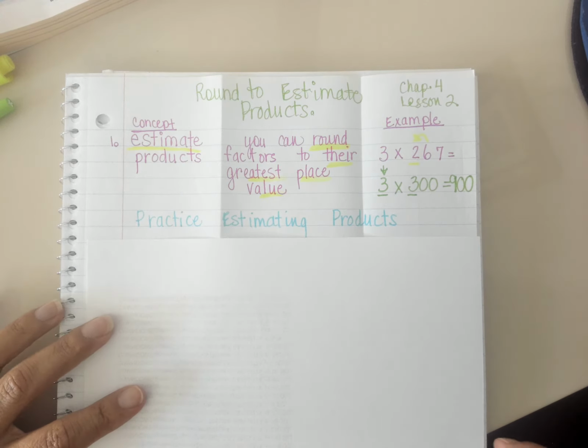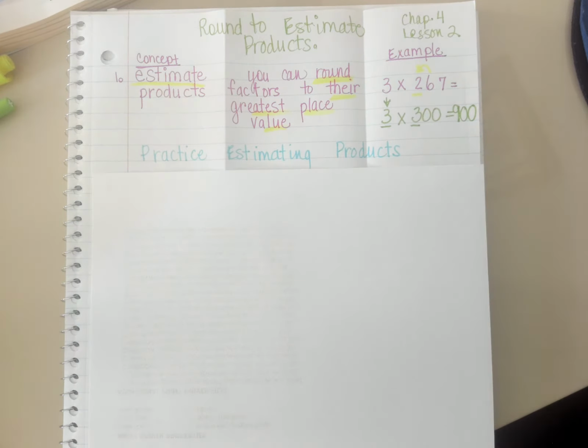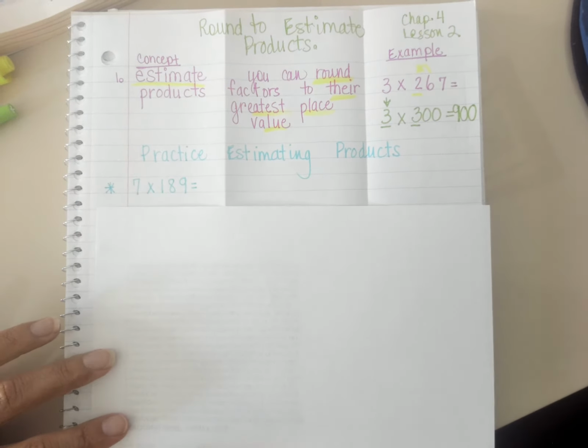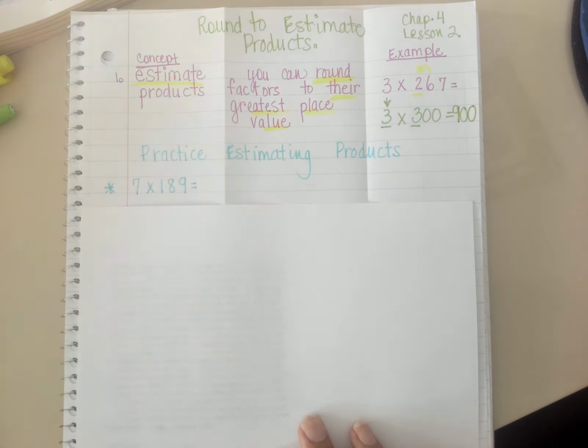Okay, let's practice estimating products. You can write that. And the first one you can practice with is 7 times 189.